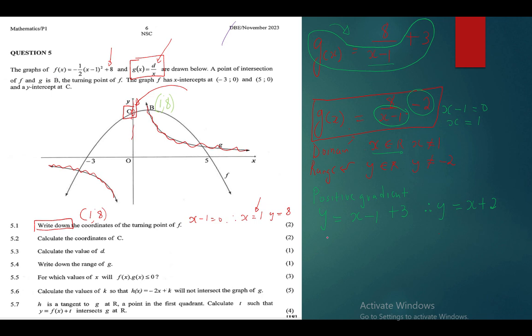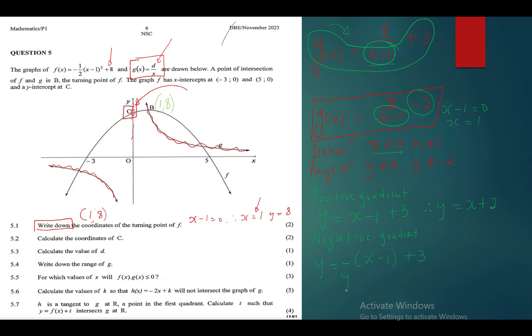But what if they say find the axis of symmetry with a negative gradient? You can do the same. You say y equals, you go to your denominator. In this case, your denominator on this function was x minus 1. That denominator, multiply it with negative. So you say negative x minus 1 plus 3.